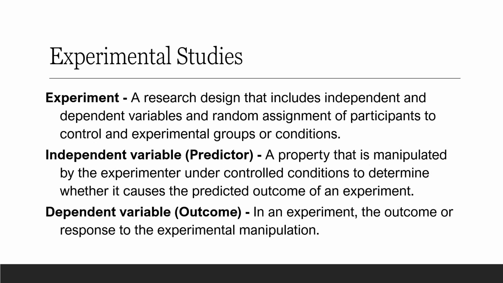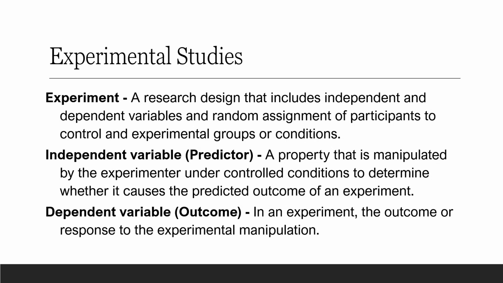So by definition, an experiment is a research design that includes independent variables, and random assignments of participants to control or non-experimental groups or conditions. This is not to say that only experimental design uses independent and dependent variables, because these are also present in other designs, except in descriptive, because in descriptive there's only one variable that we're dealing with.